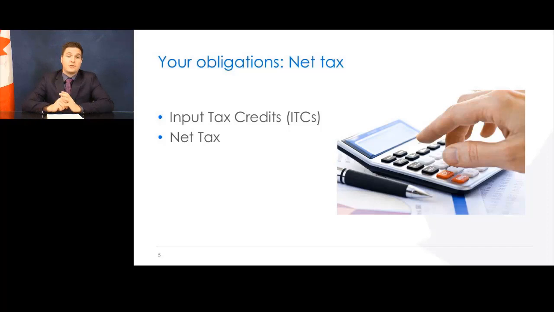You have to calculate your net tax for each GST HST reporting period and report this on the GST HST return. For instructions on how to calculate your net tax, go to canada.ca/CRA under the Taxes tab and then click on GST HST.